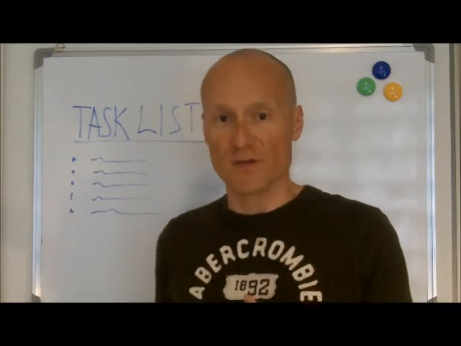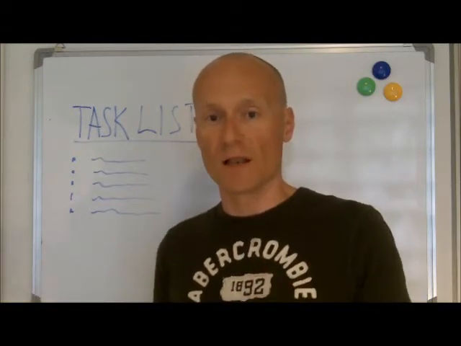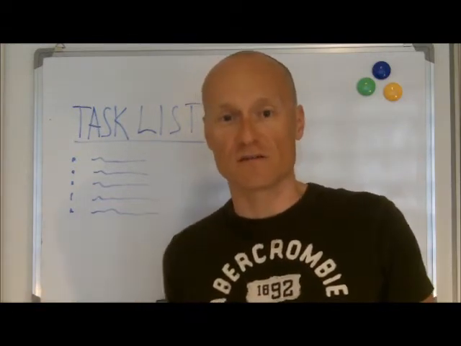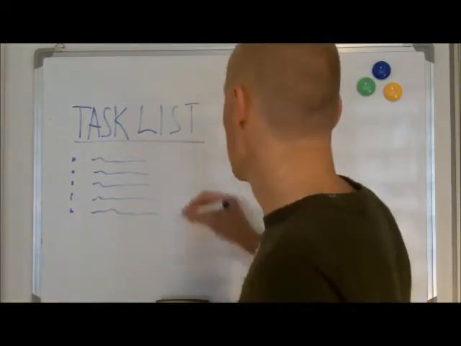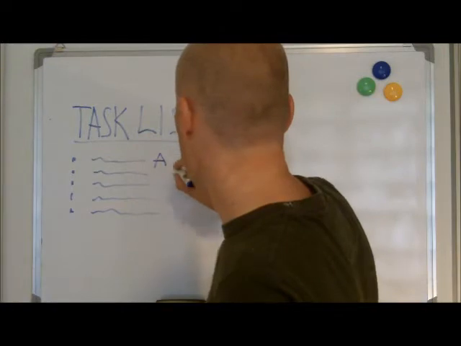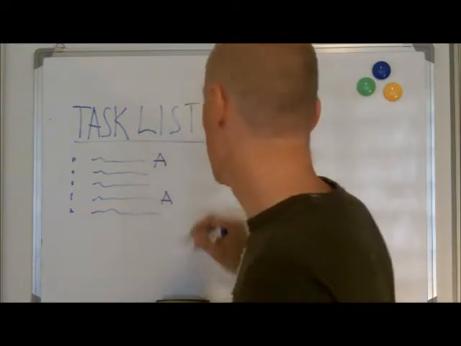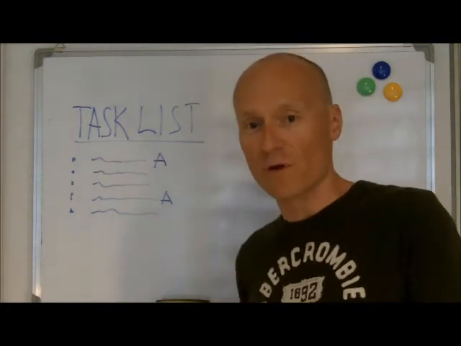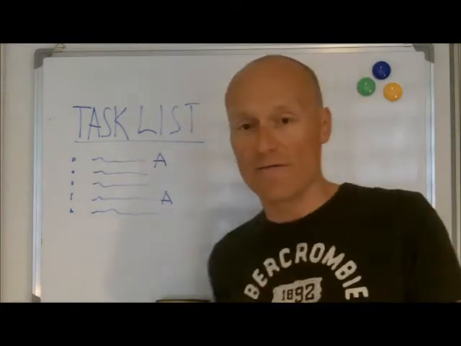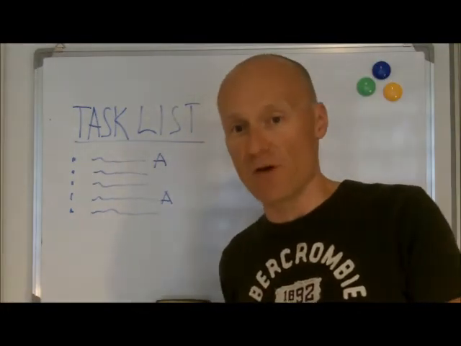So the way I do it is that I put a small letter A next to the task that I want to get done the next day, like this. And as you can see, I have 5 tasks over here and 2 of them have a letter A next to them.